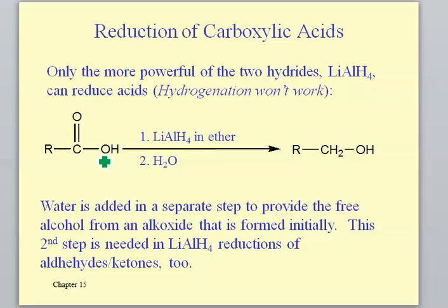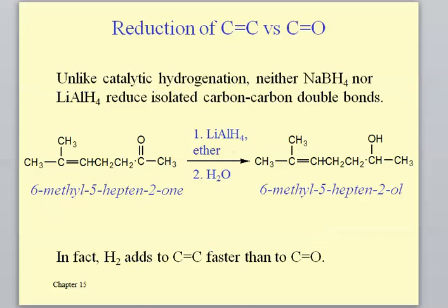You would react the acid with the lithium aluminum hydride, in which you take care to leave the water out, and then as a second step you add water to give you the corresponding alcohol. So it's a very handy kind of reaction that goes pretty easily, especially on a fairly small scale like what we have in the laboratory.